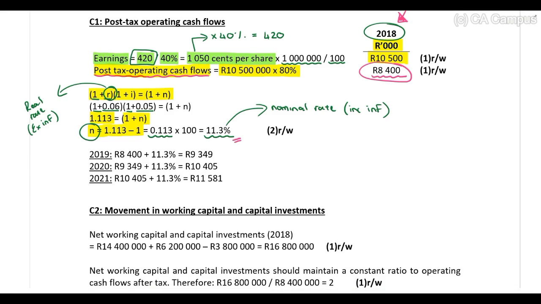All right, so you can calculate post-tax operating cash flows for 2019, 2020, and 2021. You obviously start with the 2018 post-tax operating cash flows and just increase by 11.3% each year. Just make sure you are using the nominal growth rate that includes inflation and not the real growth rate that excludes inflation.